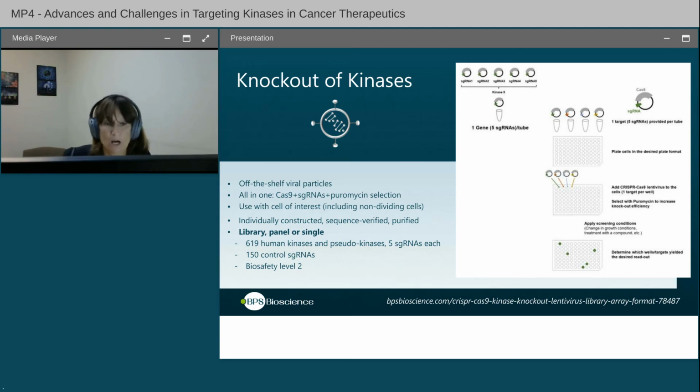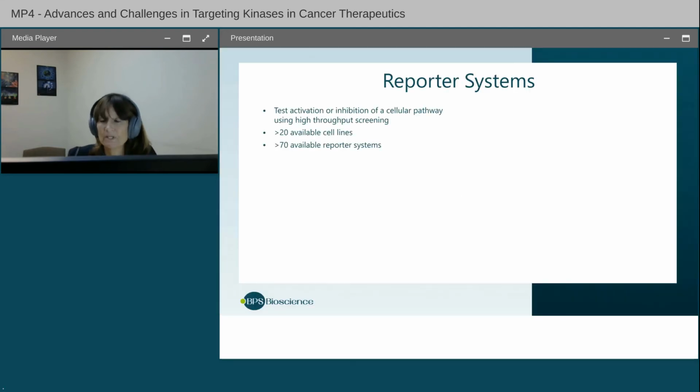So that brings me to our reporter systems. These are used to test the activation or the inhibition of a particular cellular pathway using high-throughput screening. We have over 20 available cell lines, 70 available reporter systems.